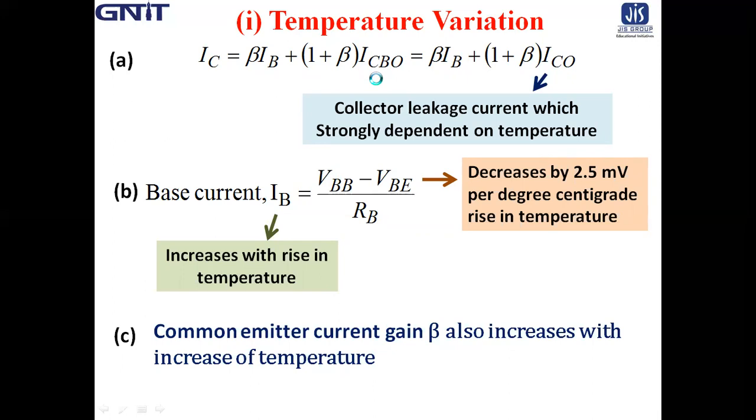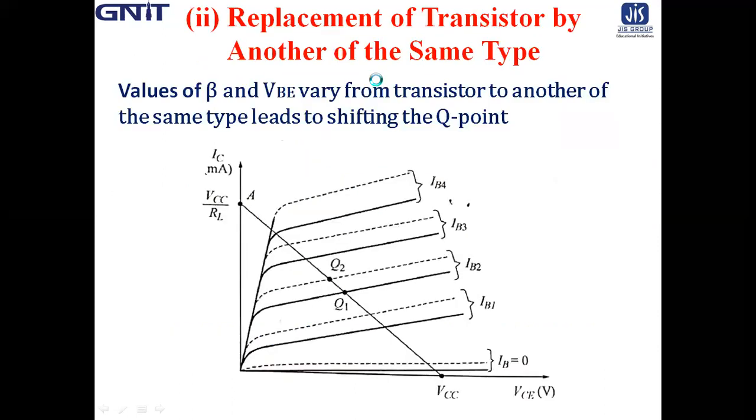And another is the replacement of a transistor by another of the same type. The values of beta and VBE vary from one transistor to another of the same type.